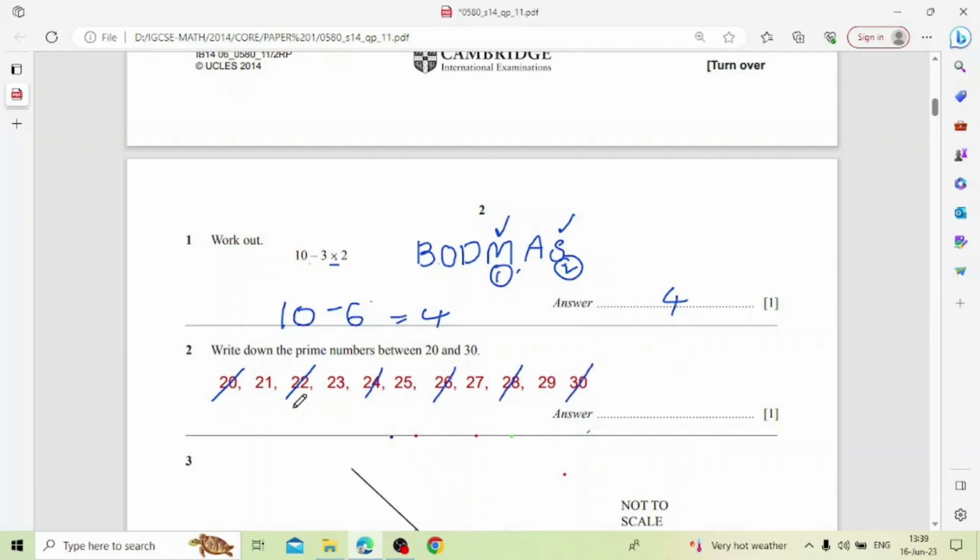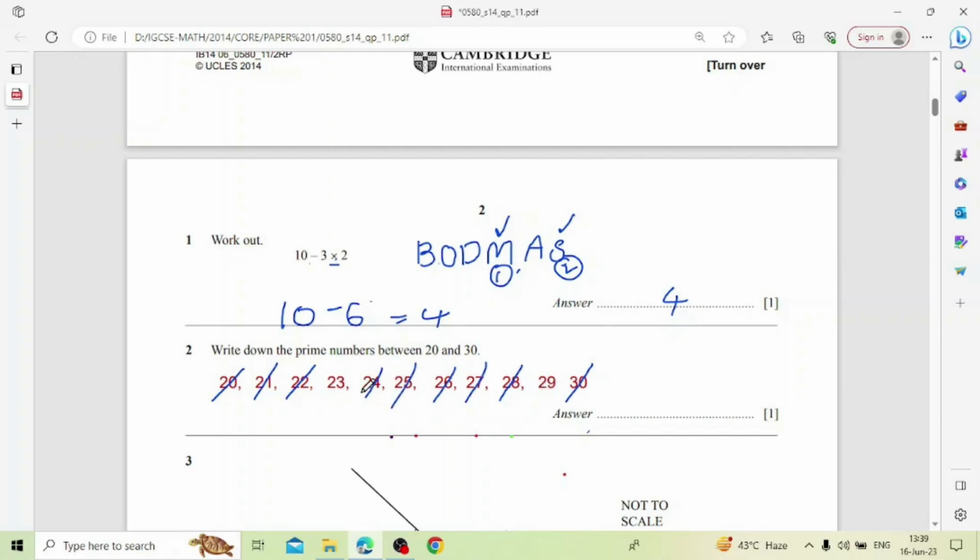Now let's go for 3. What are the numbers divided by 3 here? 21 comes in table 3. 23 no. 25 no. 27 comes in table 3. Now let's go for 4. There is no number for table 4. It's already gone by number 2. Now let's go for number 5 table. 23 no way, and 25 is also gone.